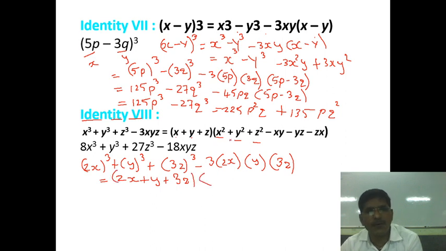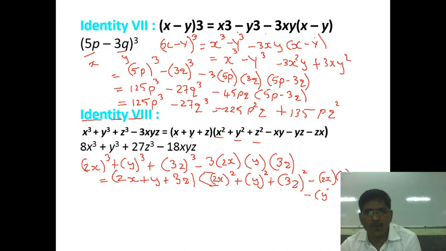In the second bracket, what do I have to write? Square of the first term, plus y square plus (3z) square, minus first term into second term, 2x into y, y into 3z, minus 3z into 2x.